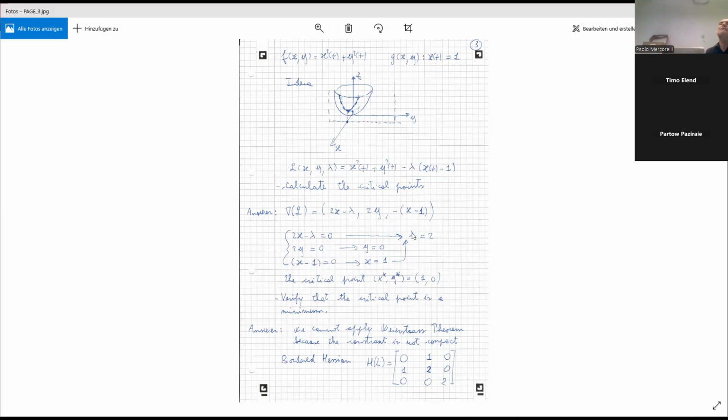If you look at the demonstration, lambda is exactly the proportional element between the two gradients, the gradient of f(x, y) and the gradient of g(x, y), which must be parallel. I give you the intuition, but of course it seems a little bit strange without the demonstration, which is not the goal of this lecture. And then of course we have to put this gradient equal to 0, and we can calculate.